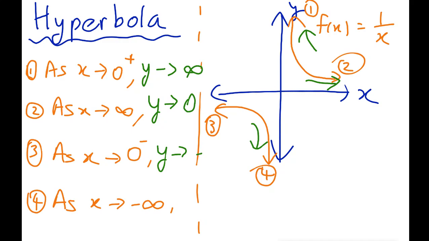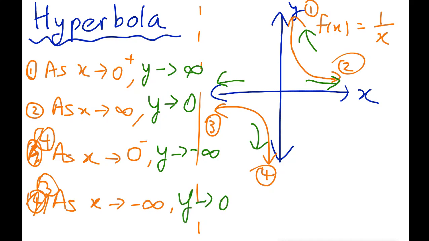And so y is going towards negative infinity. Okay? And then, whoops, I messed up my numbers. That should be 4, and that should be 3. Okay, back to this. As x is approaching negative infinity, notice that y is getting smaller, so y is going towards 0.